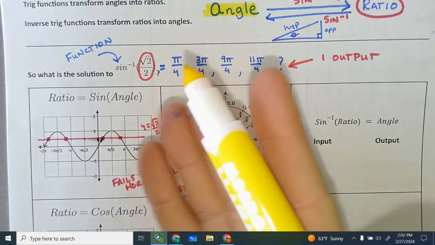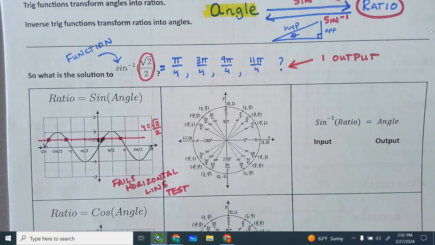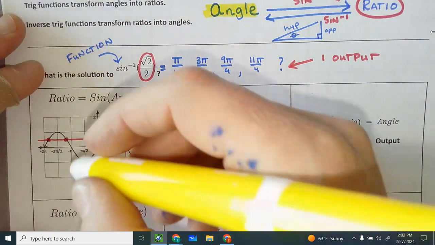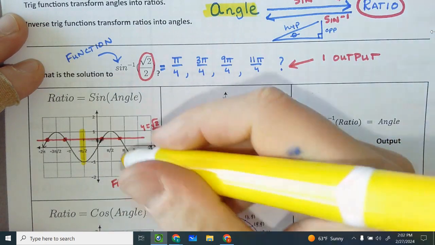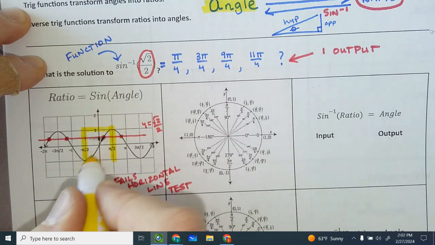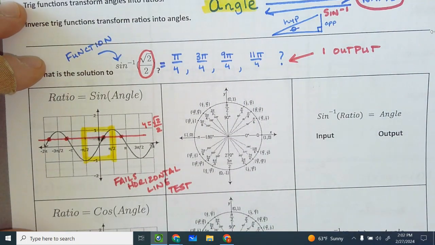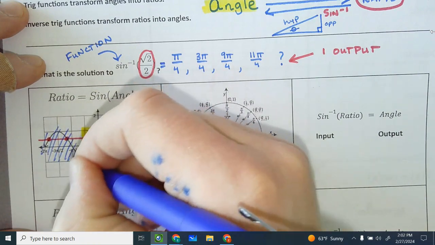And what I'm about to say is totally arbitrary, but it's what the math gods have decided. What they decided is that if you start right here at negative roots of 2 over 2, and you stop right here at roots of 2 over 2, and you pretend that the rest of the graph, all of this and all of this, doesn't exist.